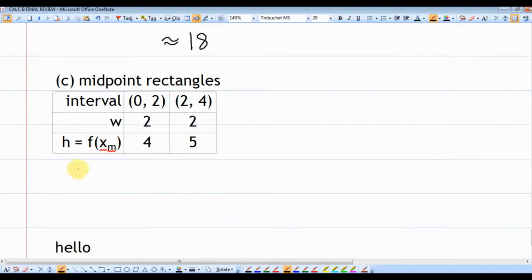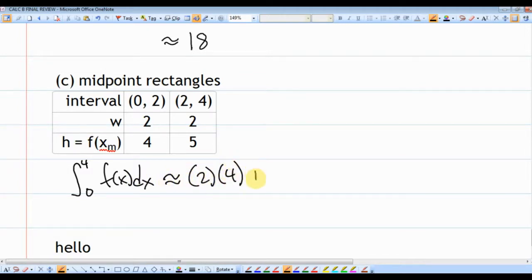Okay, so the integral from 0 to 4, f of x dx, can be approximated by 2 times 4 plus 2 times 5. 18. Good.